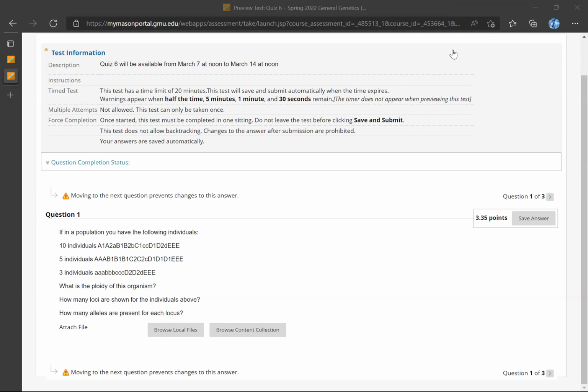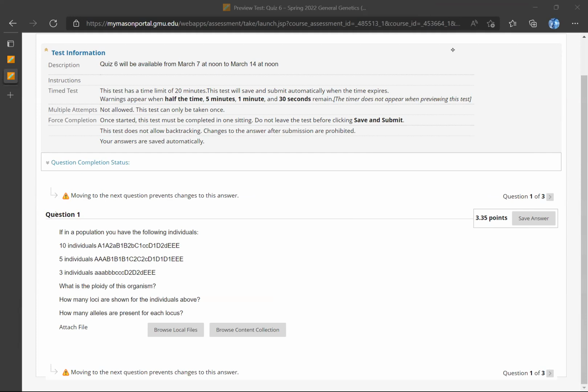Got it. And then for ploidy, it's kind of similar, but not, because it's triploidy because you have 3 different letters across the board. Yes. So the ploidy of the organism is informed by the number of alleles that represent the gene at each locus.